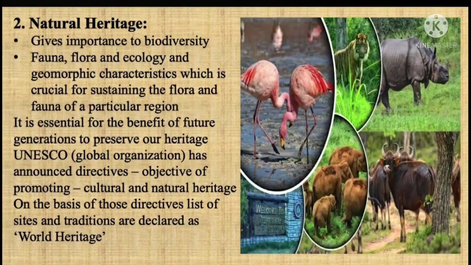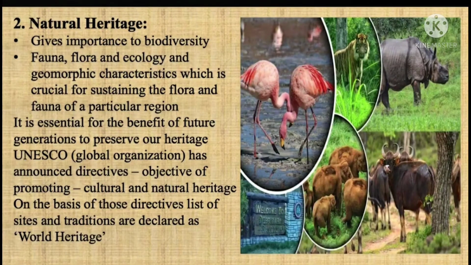The next topic is natural heritage. The concept of natural heritage gives importance to the thought of biodiversity. Now, the biodiversity, children, includes fauna, flora, and ecological and geomorphic characteristics.